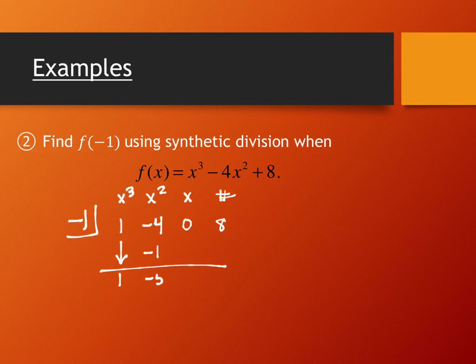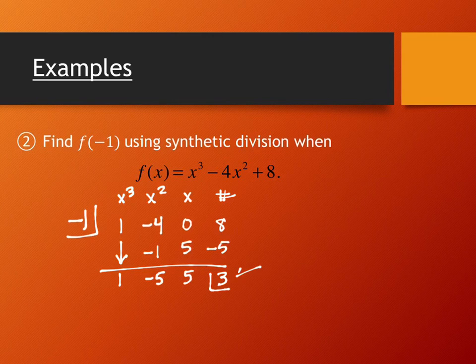We just crossed over into 6th grade math because we're now dealing with adding negatives, just so you know, in all honesty, right? I have now negative 5 and negative 1 on the outside, so negative 5 times negative 1 is 5. I add down to get a 5. Multiply my 5 times my negative 1 to get negative 5. I add down to get 3.